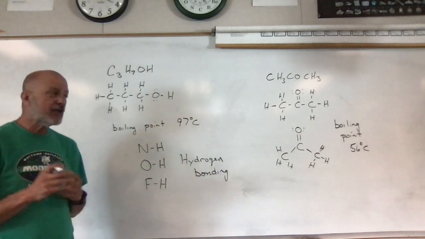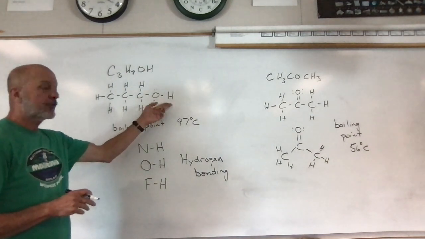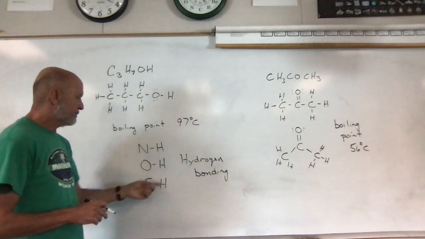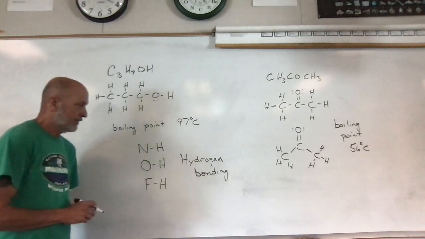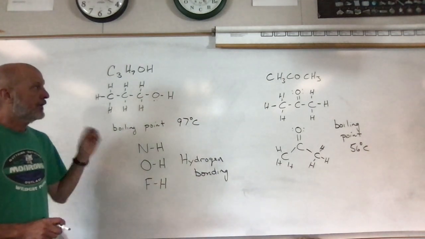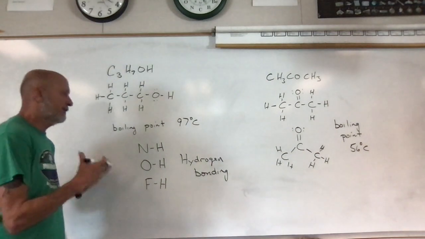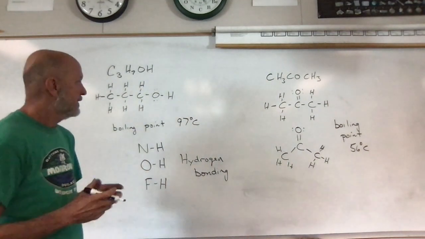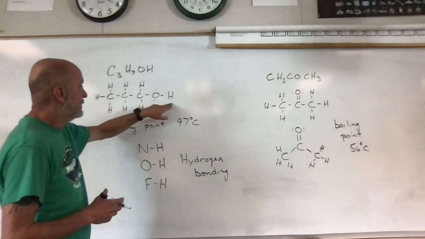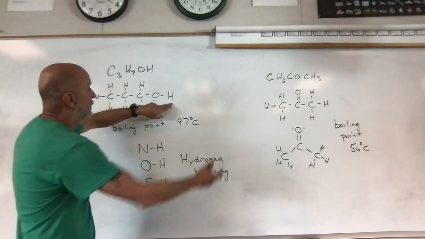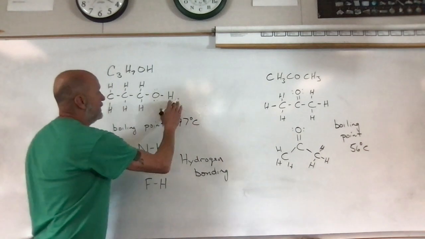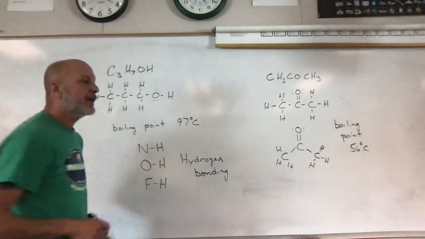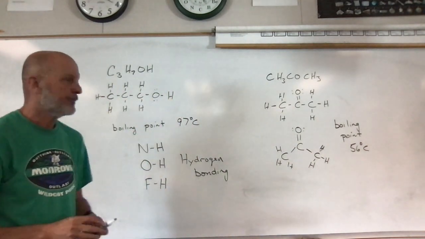It's like a special case of dipole-dipole, where that exposed proton that's bonded to these electronegative atoms becomes a big factor. So that becomes an even stronger attraction between the opposite charges. The positive exposed proton here will be attracted to the negative side of a neighboring molecule.